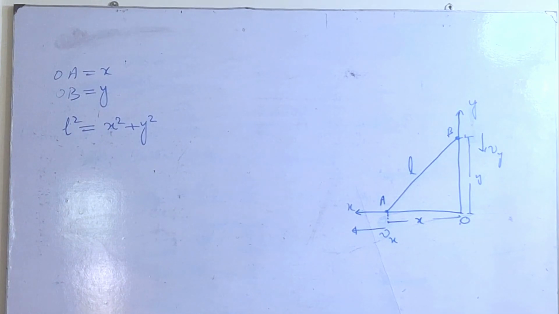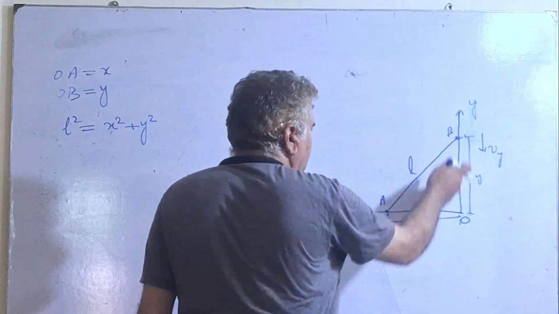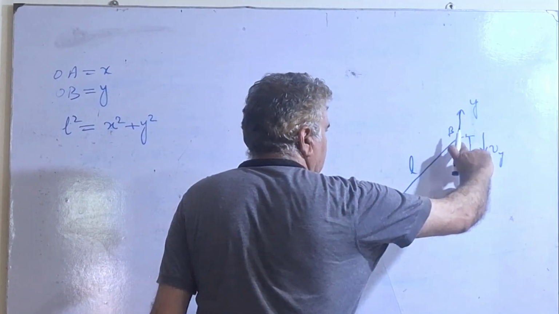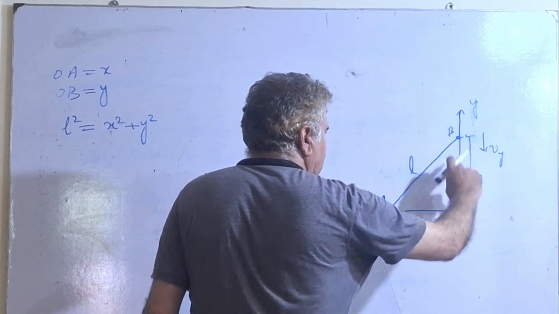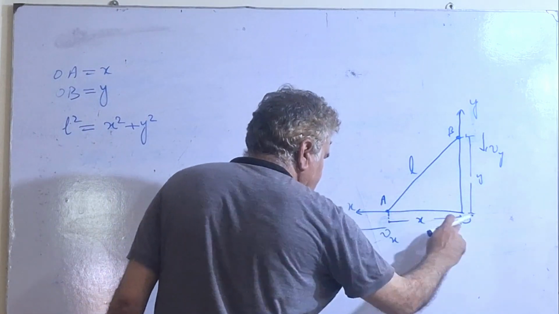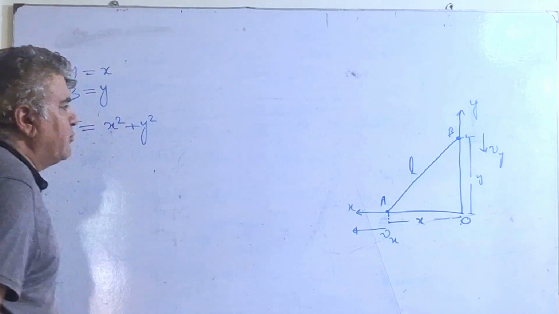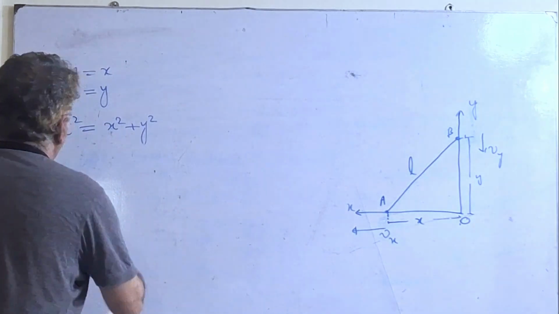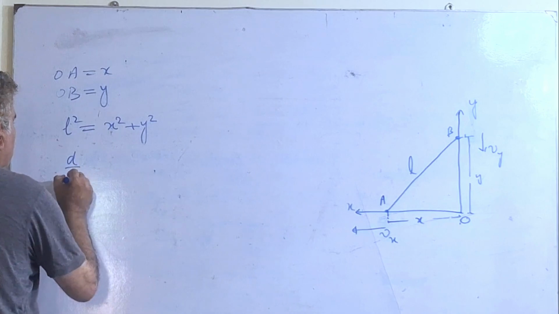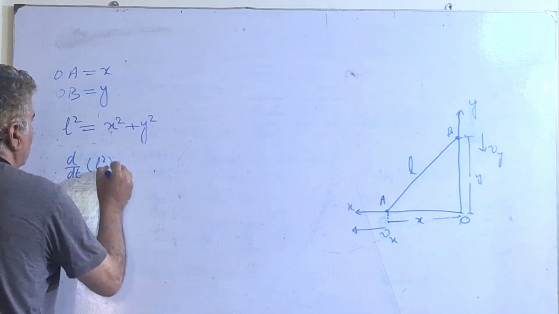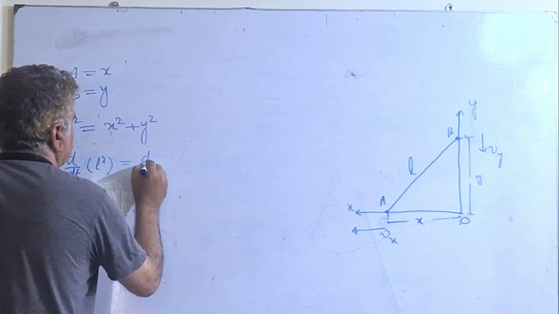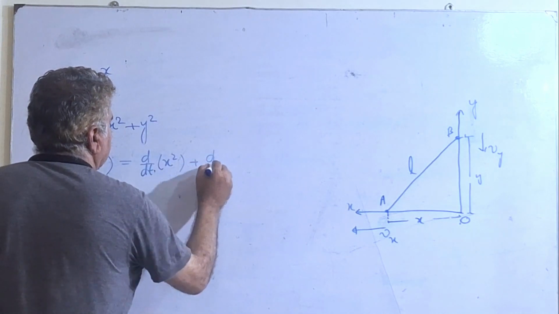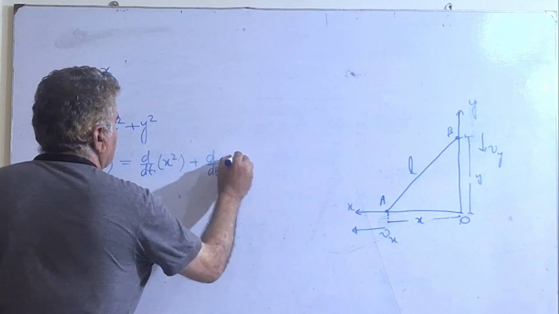Now I differentiate. Since with time this end is falling in the downward direction and this is moving towards the left, the distance along the vertical is decreasing constantly as time goes on, and the distance along the horizontal increases from the origin. So I differentiate both sides of this equation with respect to time: d/dt of L squared equals d/dt of x squared plus d/dt of y squared.